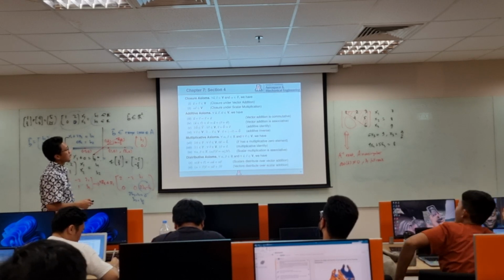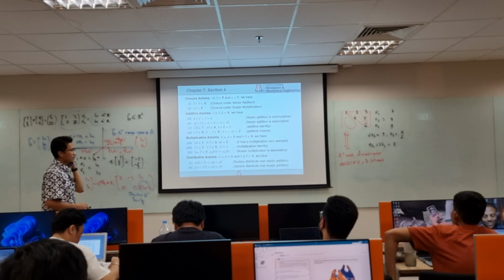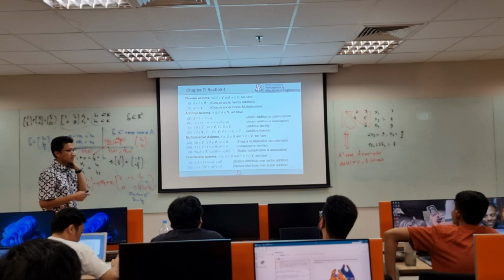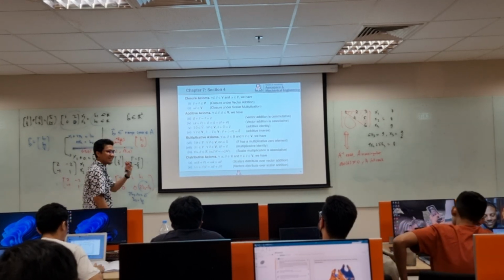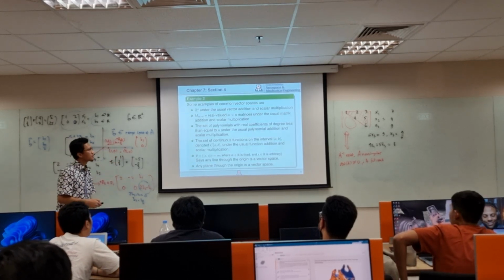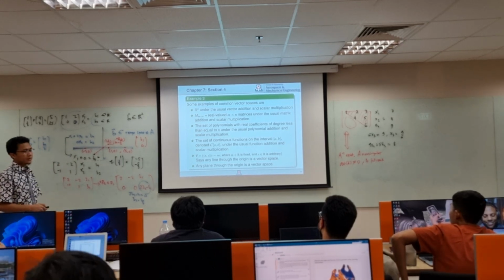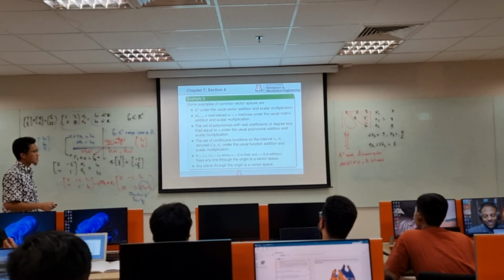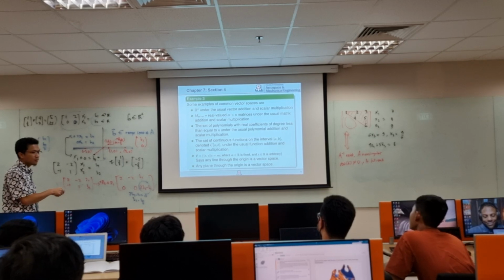These are all the axioms for the vector space. So if you want to check whether something is a vector space, you have to check all of these. These are examples of common vector spaces: continuous functions, and y equals mx, the one that we discussed just now.